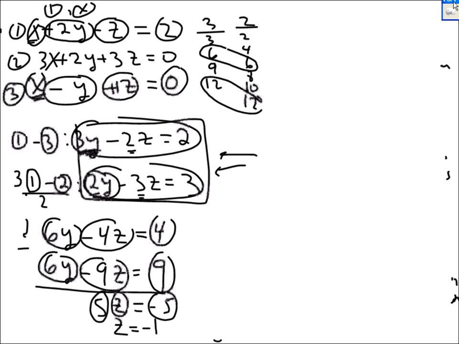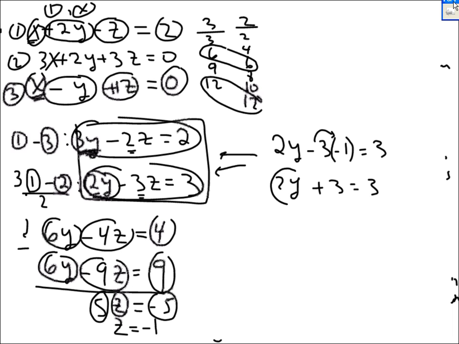So go back to the 2 equations, 2 unknowns. And with the knowledge of what z is, let's find y. I'll use the second equation. 2y minus 3 times z is 3. Negative 3 times negative 1 is positive 3. Some number, when I add 3 to it, gives me 3.